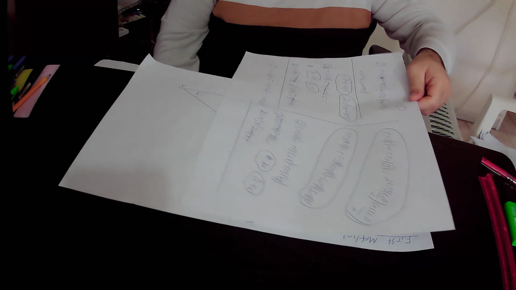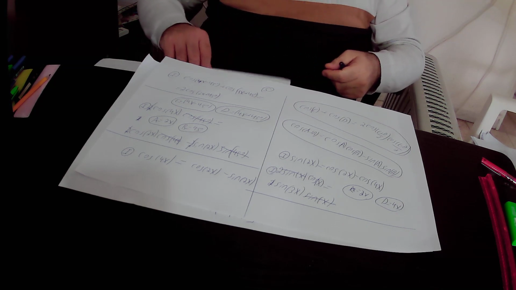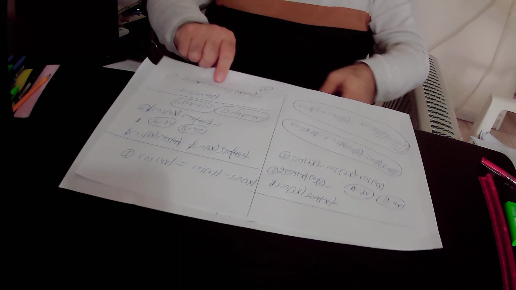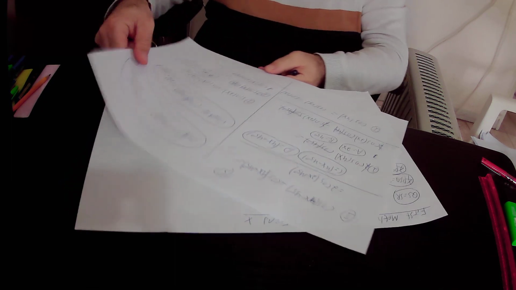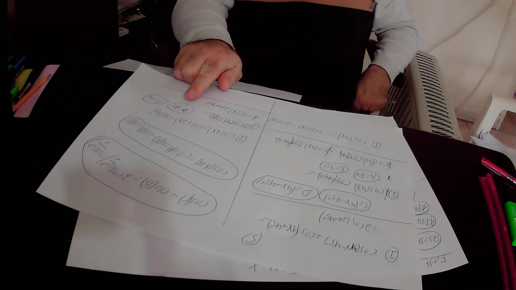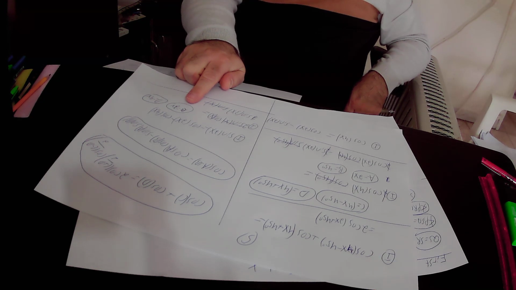So here we got that sine 2x equals cosine 2x minus cosine 4x, and cosine 2x minus cosine 4x is very similar to the trigonometric identity that cosine c minus cosine d equals 2 sine d plus c over 2 times sine d minus c over 2.